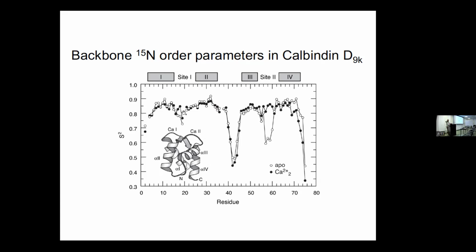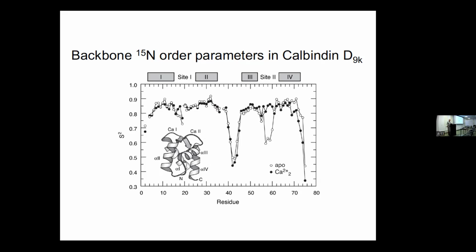And then, I mean, this was done in the 90s, all of this work. And then a few years ago, Mark Rance was doing a simulation of calbindin D9K, mostly, I think, to look at methyl order parameters. But he noticed in the simulations that a sodium ion dropped into this site and ligated to the carbonyls.